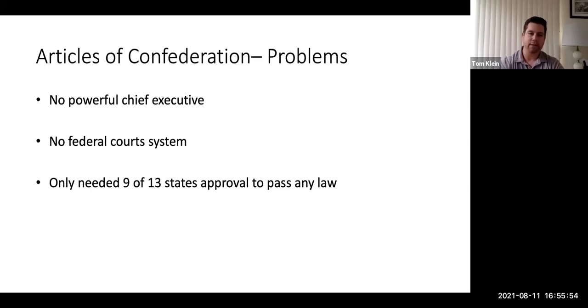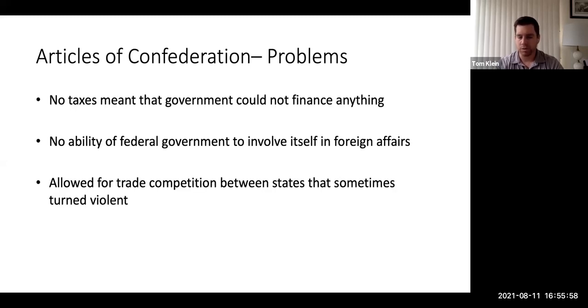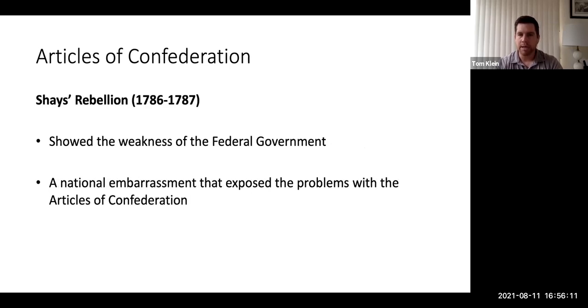You only needed 9 out of 13 states to pass any law. Also, there was no way to enforce taxes, no way for the federal government to involve itself in foreign affairs, to grow our country. There were trade wars between states. It was just really a document that wasn't working, again, because it did not create a very powerful federal government.